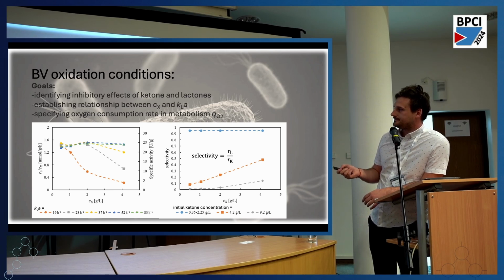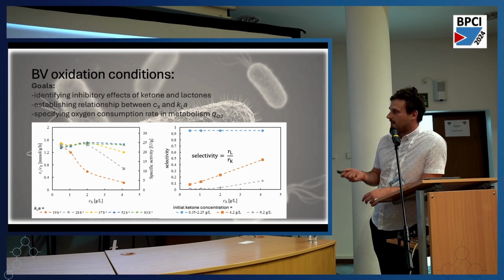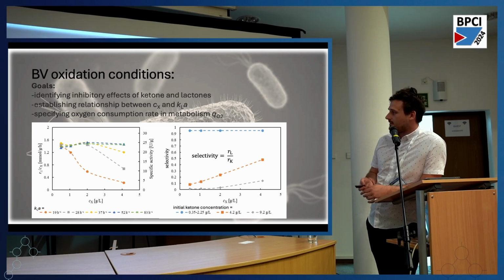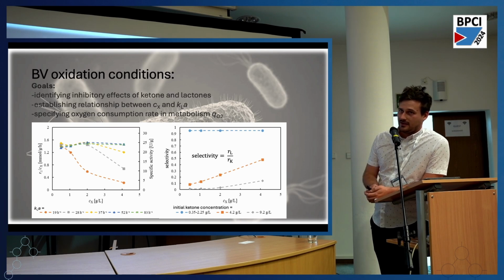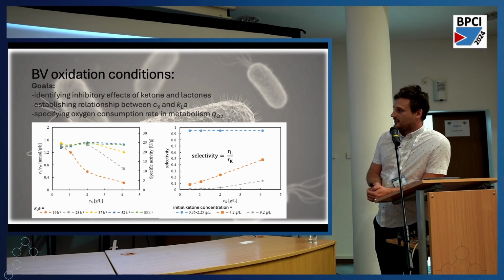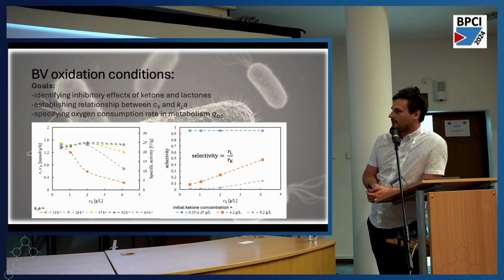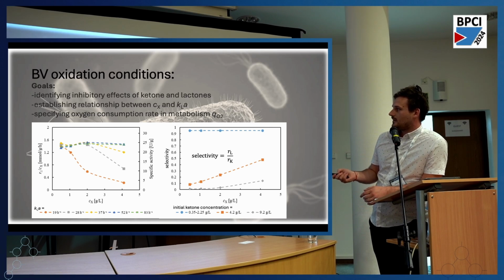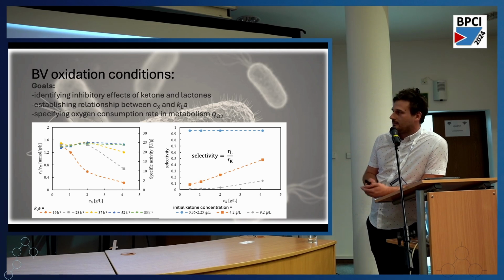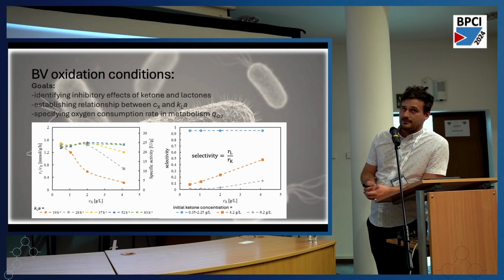As you can see, the investigated parameters for the optimization study were the concentration of the biocatalyst, the initial concentration of the ketone, which was our main substrate, and the volumetric oxygen mass transfer coefficient, kLa. Several essential conclusions were drawn here. At first, we can see that the specific reaction rate, or specific activity, depends on the oxygen transfer rate.